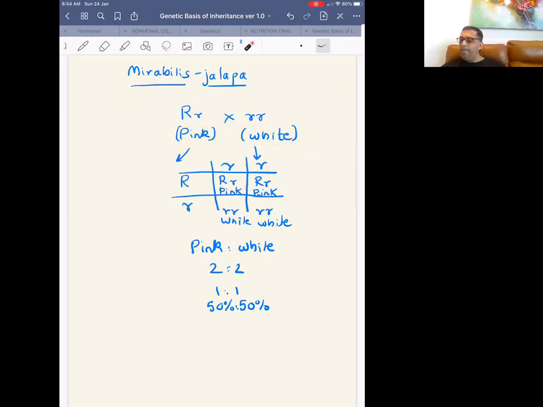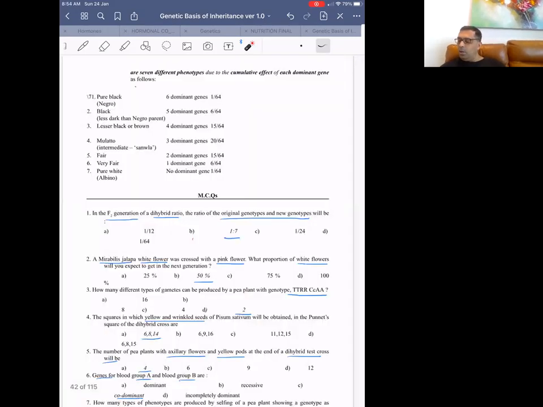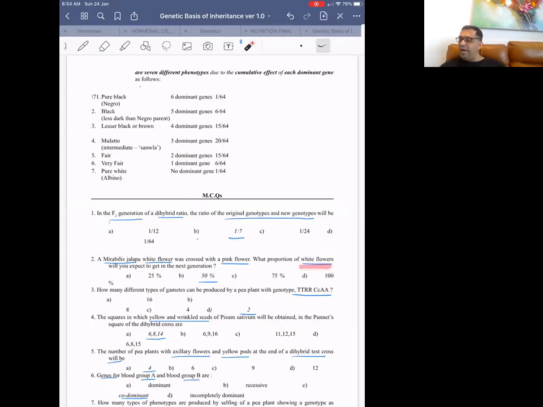So pink is to white, you get 2 is to 2, and the ratio becomes 1 is to 1. So 50% pink and 50% white. So what is the proportion of white flower we get in the next generation? 50%.